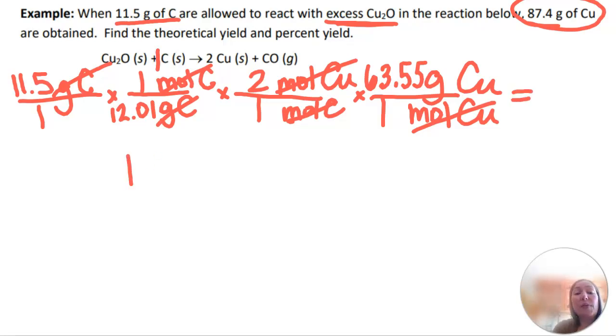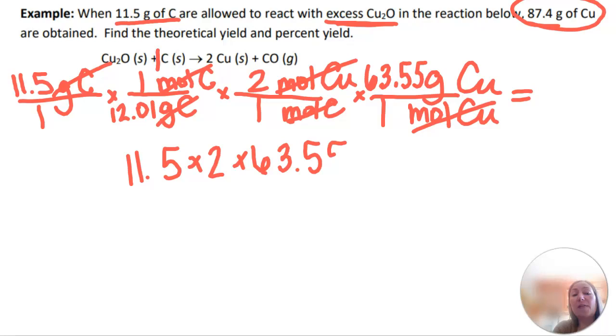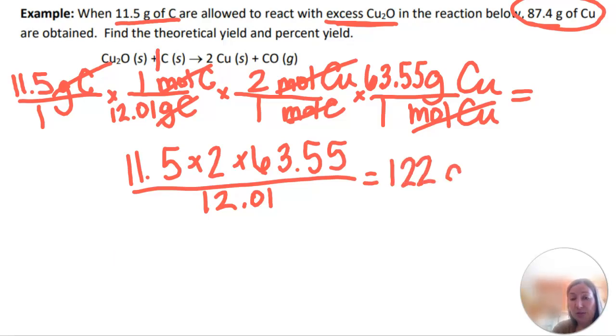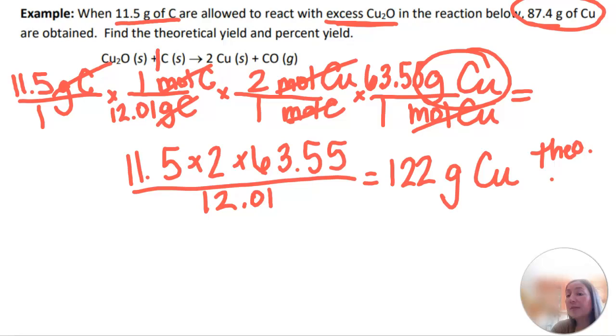And then we just have to do the math in our calculator. 11.5 times 2 times 63.55, and then in the denominator, we just have 12.01. We'll do all that in our calculator and we'll get 122 grams of copper. That's our units. And that is our theoretical yield.